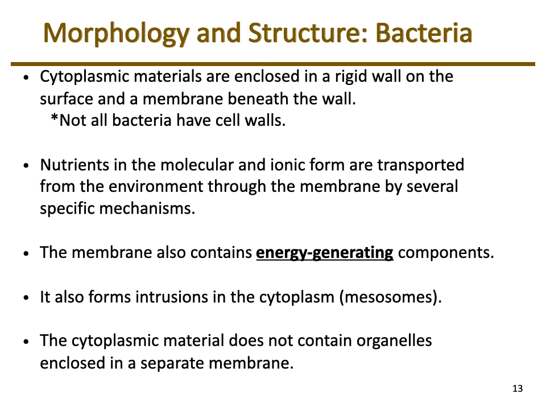So looking at some of the structures that are found in bacteria, they're going to have cytoplasmic material that's going to be enclosed with a wall on the surface and then a membrane beneath that. Again, that's what the textbook's saying, but just note that not all bacteria have cell walls. Some bacteria lack cell walls, so they would only have a membrane present. And some bacteria also have an additional membrane, the outer membrane. Back in intro bio class, you probably remember talking about gram-positive versus gram-negative bacteria.